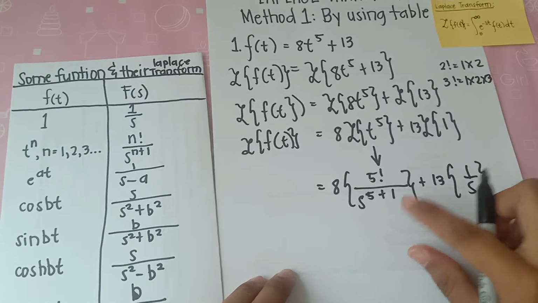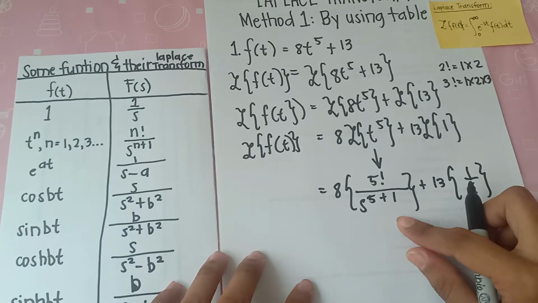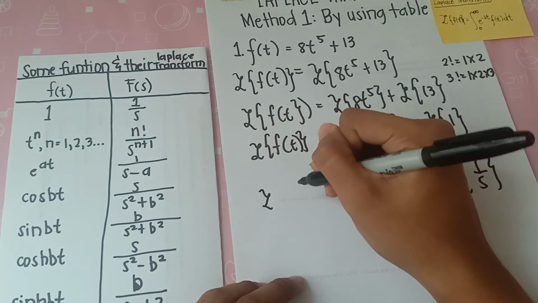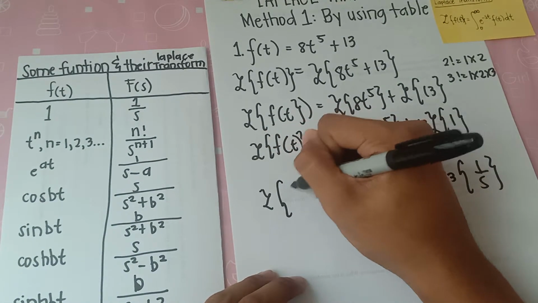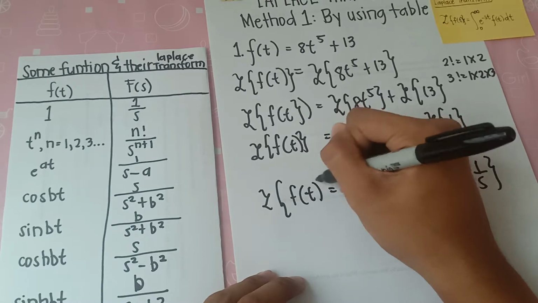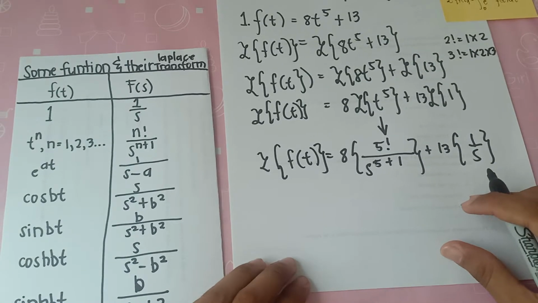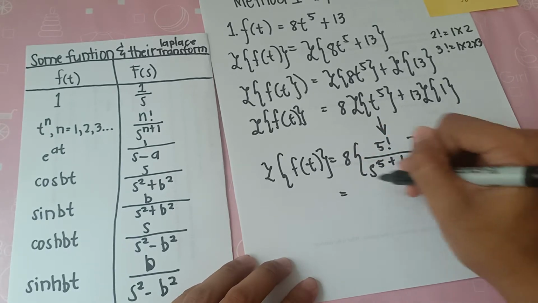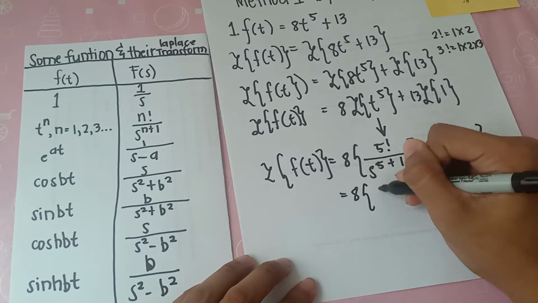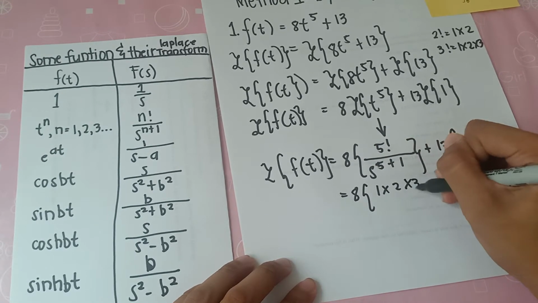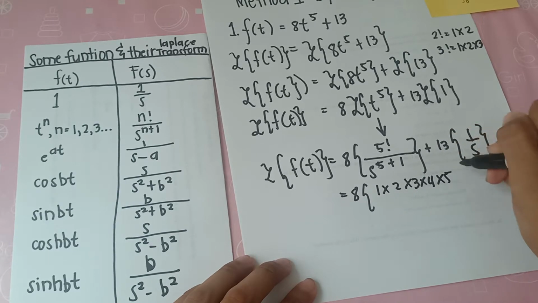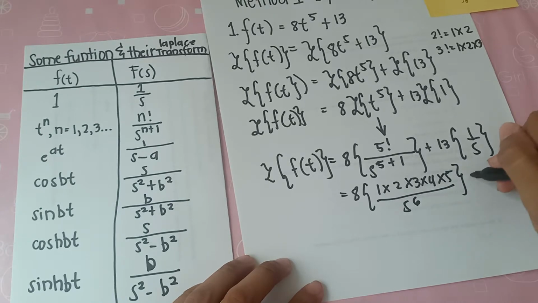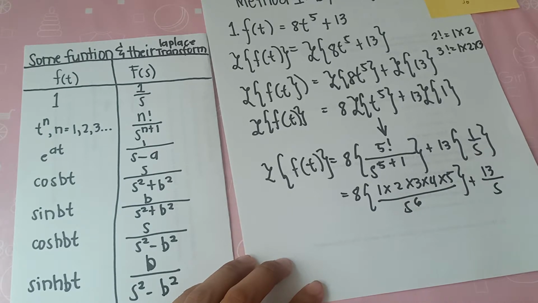So this is the corresponding equivalent transform of each function for the Laplace transform of f of t. The next step is 8 times 1 times 2 times 3 times 4 times 5 all over s to the 6, plus 13 over s.